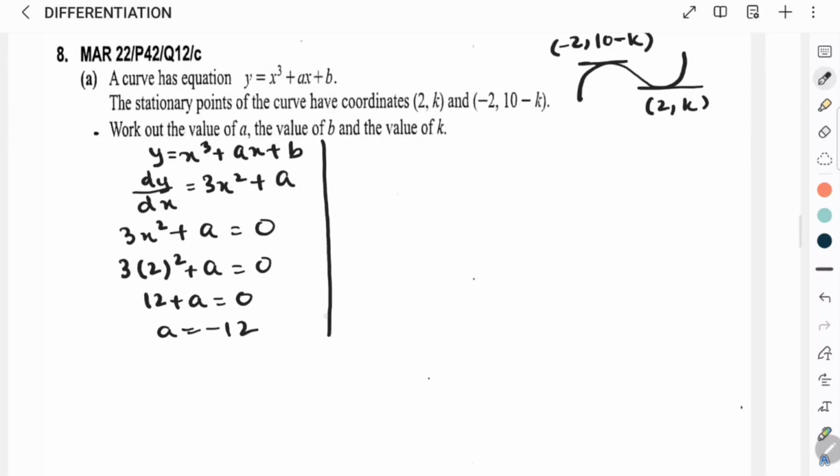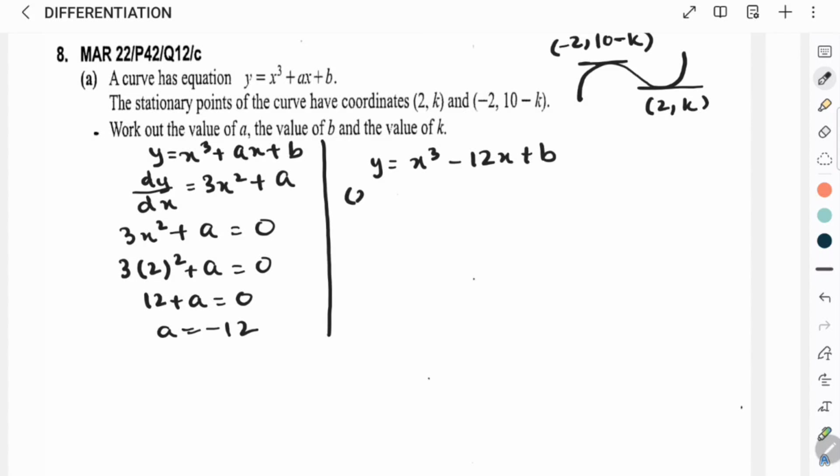Now, the 2 points belong to the same curve equation, so I use these 2 points one by one to make simultaneous equations and then solve them to get the answer. First of all, put the value of a in the original equation: y is equal to x cubed minus 12x plus b.